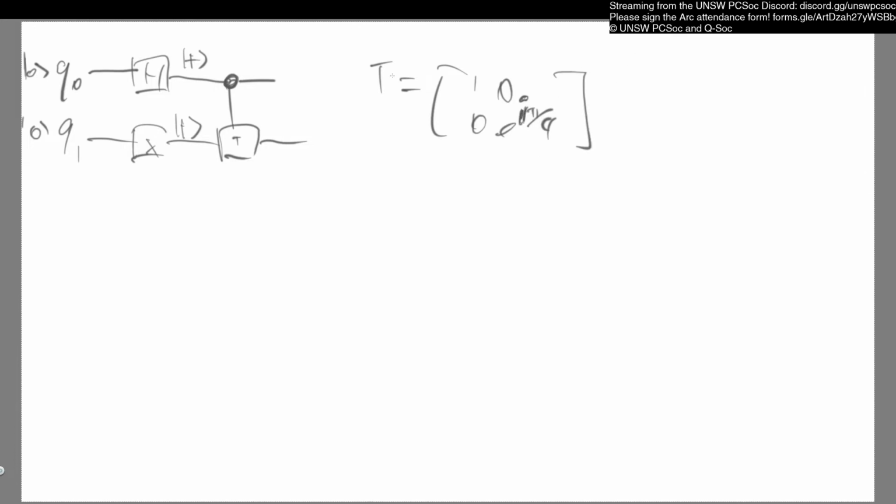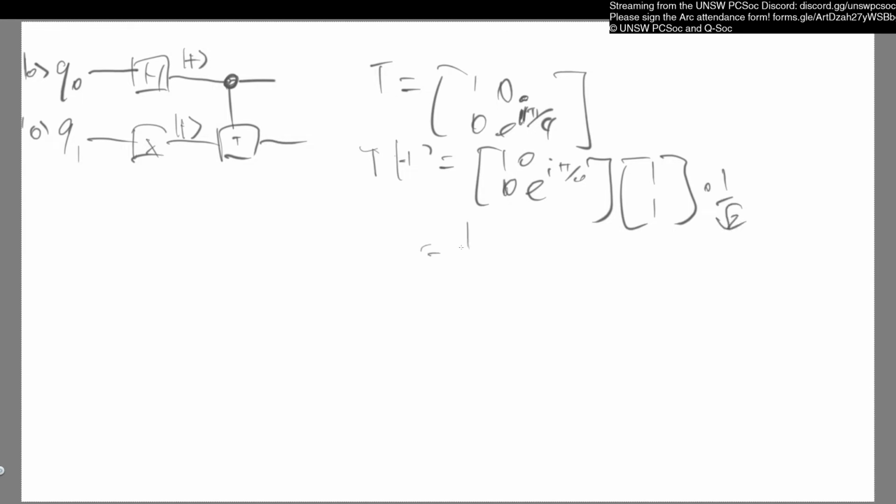So when you T a plus state, plus state is 1, 1 times 1 on root 2. So this will be 1 on root 2, 1, e to the i pi on 4.